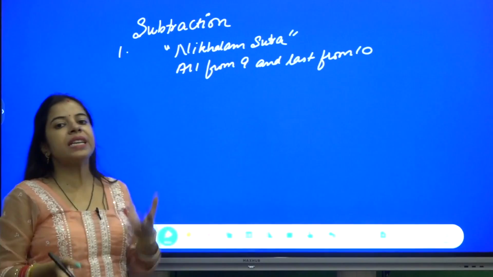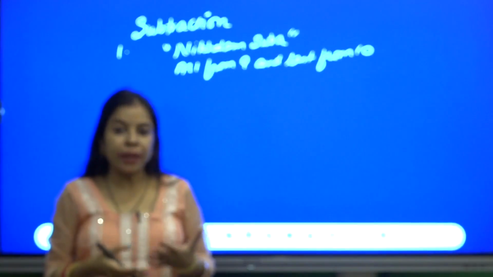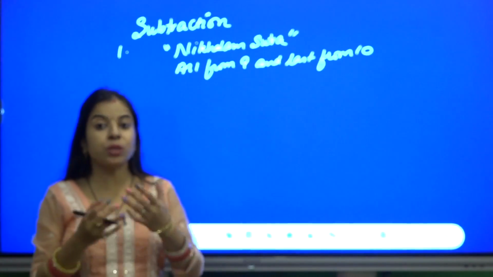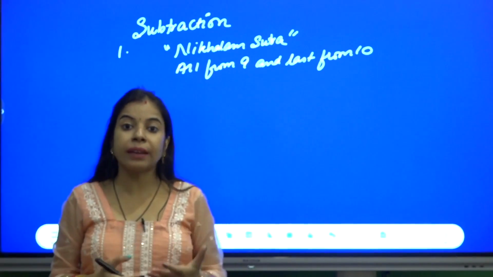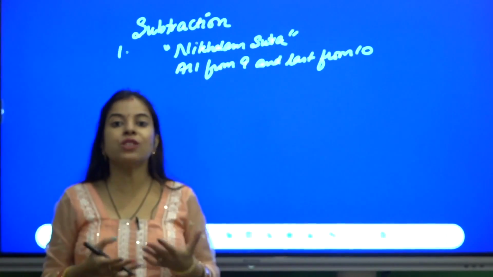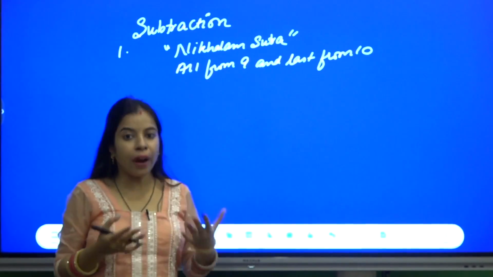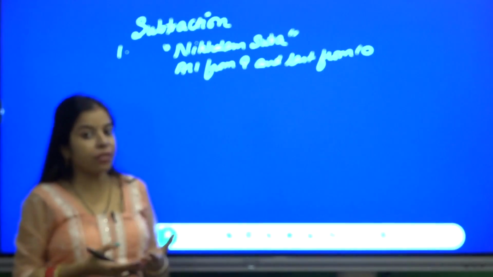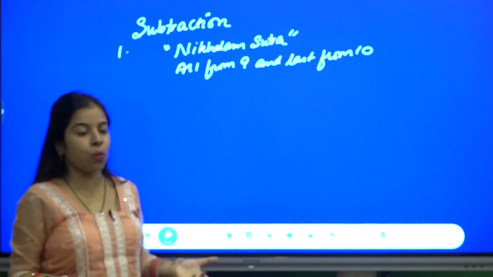And this sutra is helpful for performing operations with numbers which are closer to the base, that is, the numbers which are in the form of powers of 10, say 10, 100, 1000, 10,000, lakhs and so on.